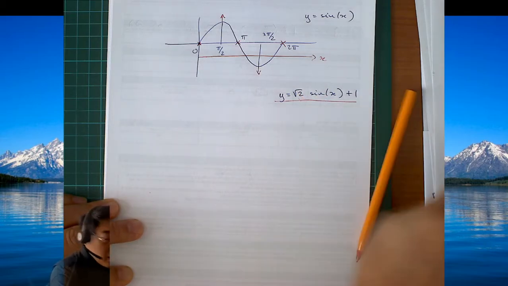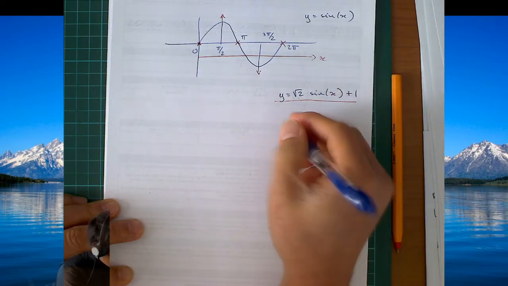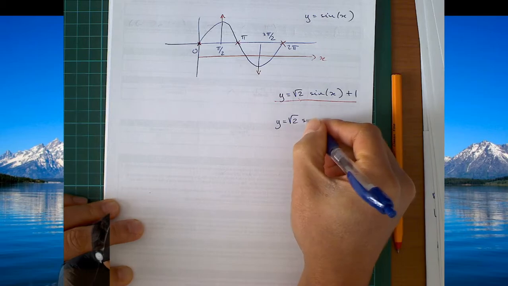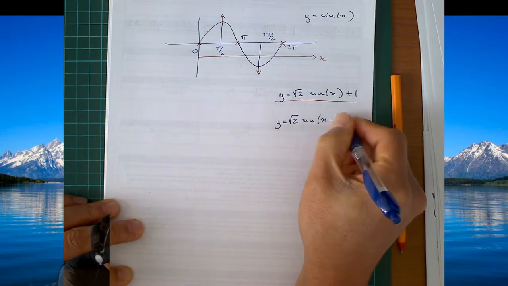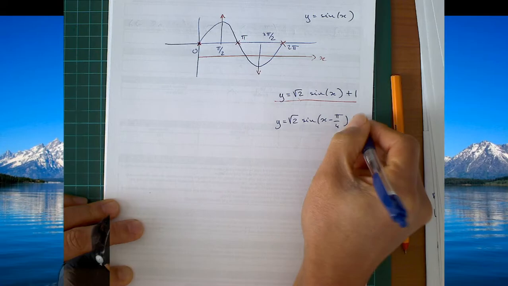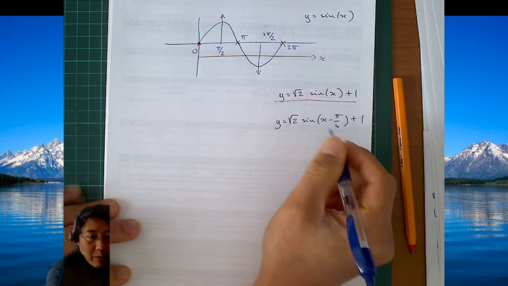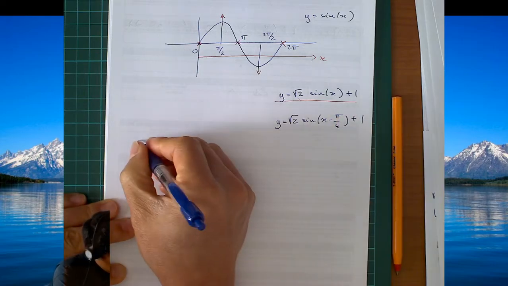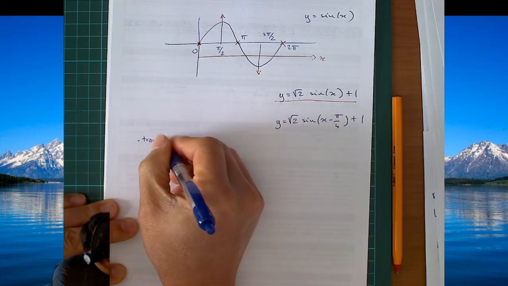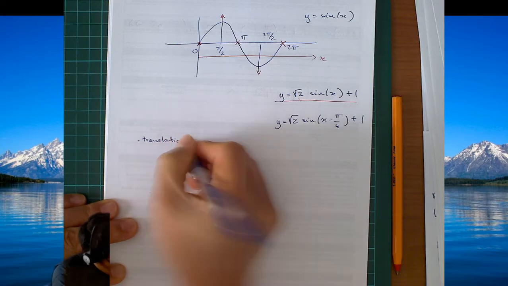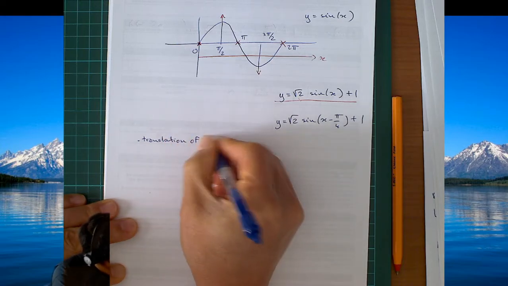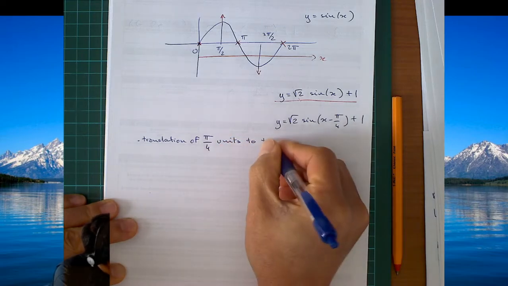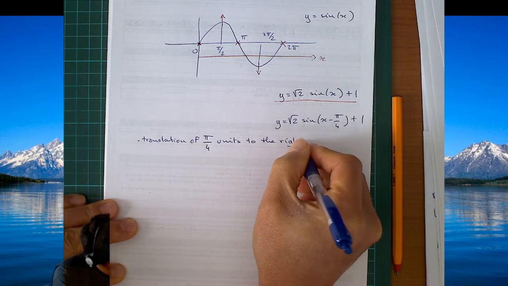Now let's move on to the next one, which is sine of x minus pi on 4. So remember, you can do the mapping, but what you've learned in the past is when you do minus pi on 4, it's a translation of pi on 4 units to the right.